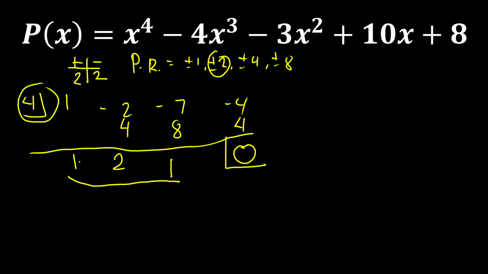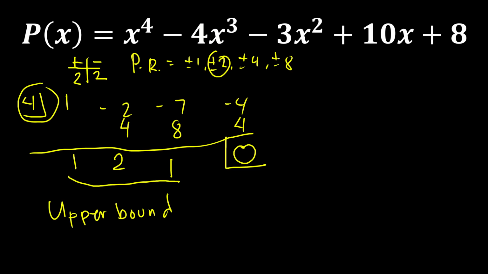So kapag nakita nyo na positive lahat ng answer natin sa synthetic division, that means this is an upper bound of this polynomial function. Kapag sabing upper bound, ibig sabihin po, wala nang ibang factors na tataas pa kay 4. Okay po? So wala nang answers na mas mataas pa kay 4.